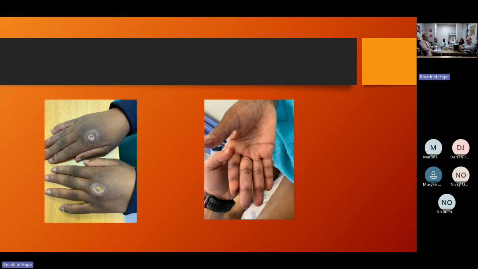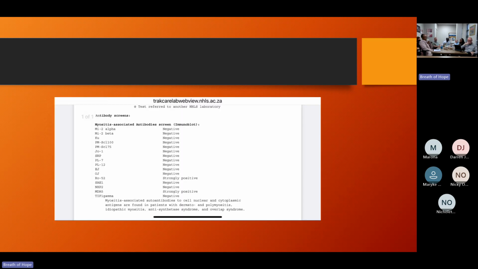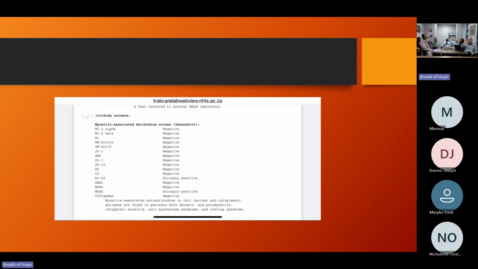So you might actually pick it up just by feeling in that area. Okay, so this is a feature of which antibody? Yeah, so this is a feature of MDA5. Okay, so this one you can diagnose clinically for sure. If you see that, clinical diagnosis, and don't miss it, because this is one you want to treat very aggressively.